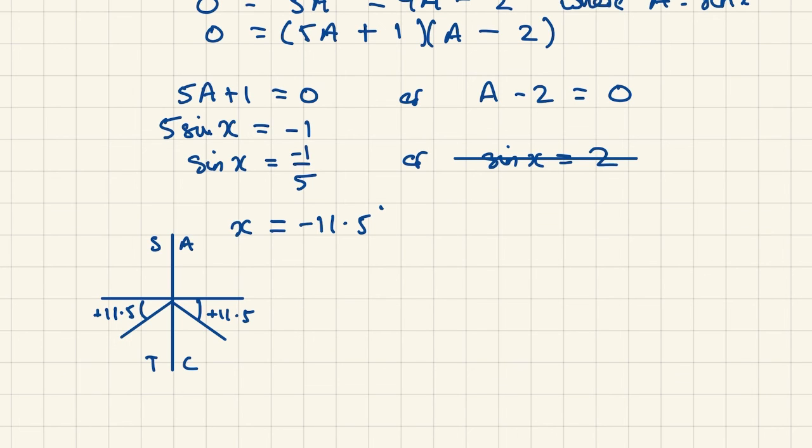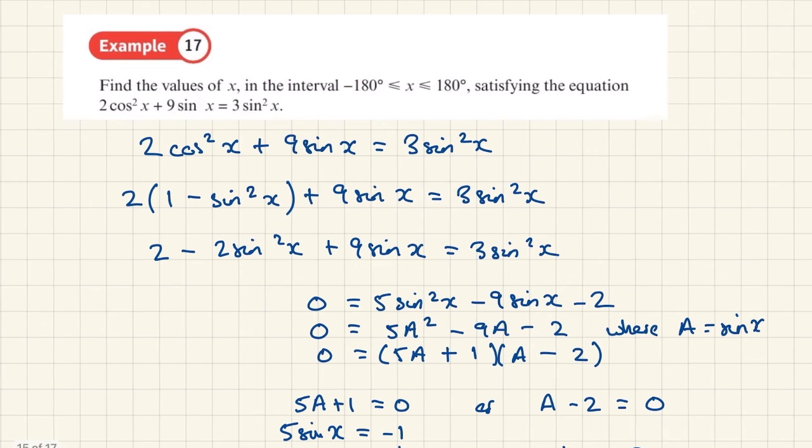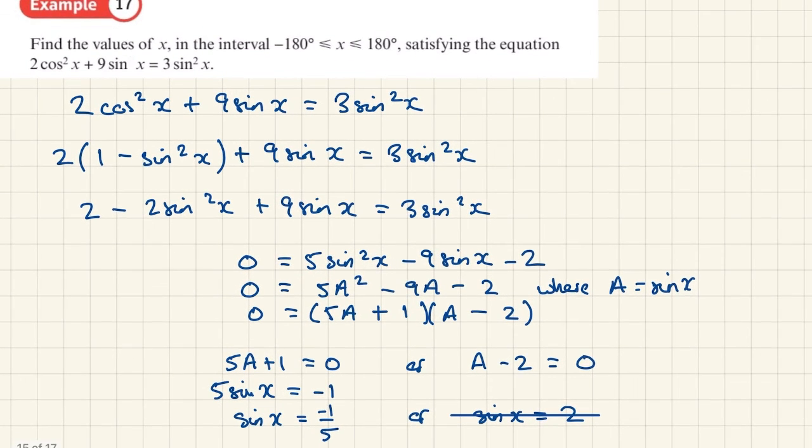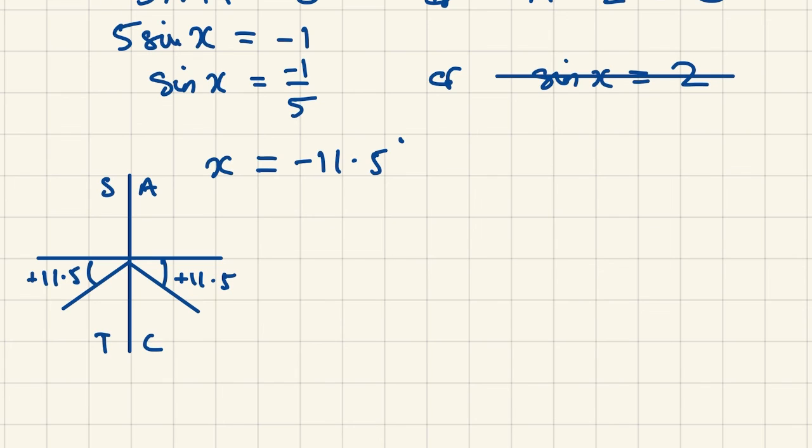So now I can say that my solutions in the range that we want, which is minus 180 to 180, so minus 180, we're going to have minus 180 plus 11.5, minus 168.5.